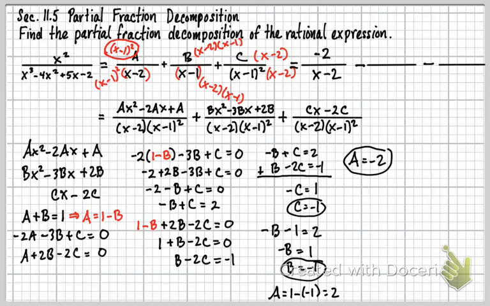And then for the second one, I'm going to have x minus 1, and that's going to be a 1. And then the last one's going to be an x minus 1 squared, and that's going to be a 1 there. So there's our answer for this one here.